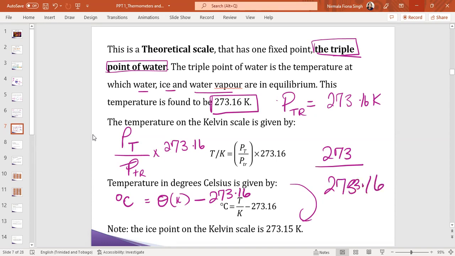Please note that the ice point on the Kelvin scale is 273.15. So we have a teeny tiny little difference, right? As soon as we drop down from 273.16, we turn into ice, right? So the ice point we don't use, we take our triple point of water.